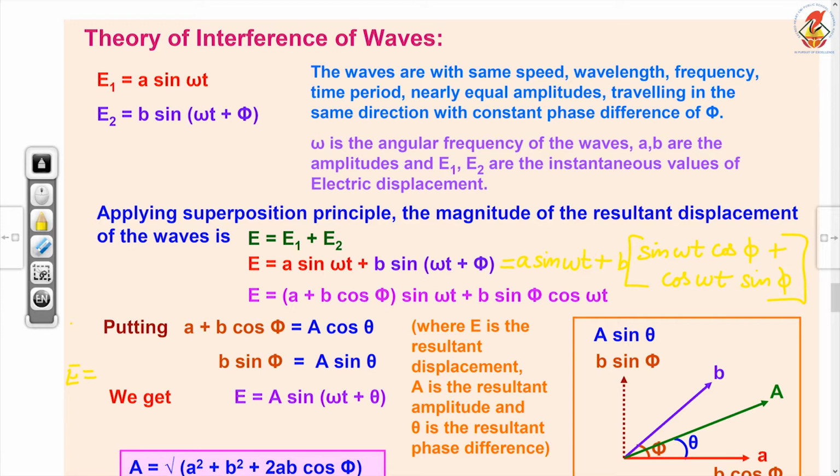Instead of A plus B cos phi, I will write A cos theta, times sin omega t, plus, instead of B sin phi, A sin theta cos omega t.